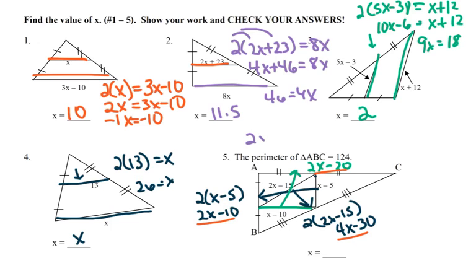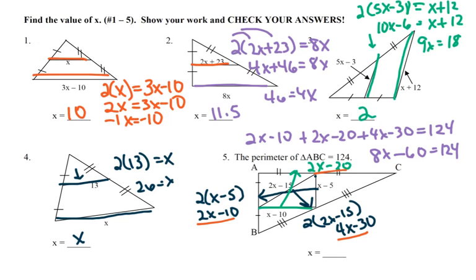So 2x minus 10 plus 2x minus 20 plus 4x minus 30 equals 124. Now I'm going to combine like terms, which will get me 8x minus 60 equals 124. I add 60 to both sides and I get 8x equals 184. I divide by 8 and I get 23.